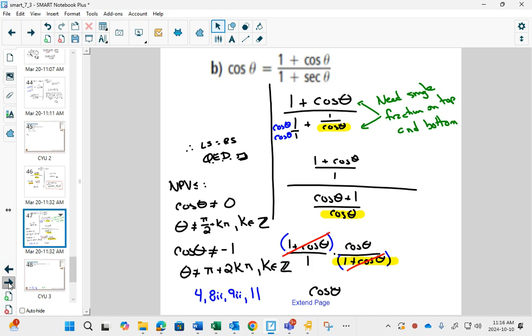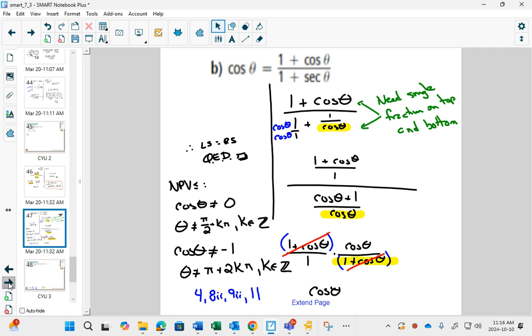But throughout the whole thing, I've highlighted everywhere that I divided. I divide by cos here, I divide by cos there, but then when I multiply by the reciprocal, now I'm dividing also by 1 plus cos theta. So for my non-permissible values, I've got to check, okay, cos theta can't equal 0, because then I'd be dividing by 0 in these places.